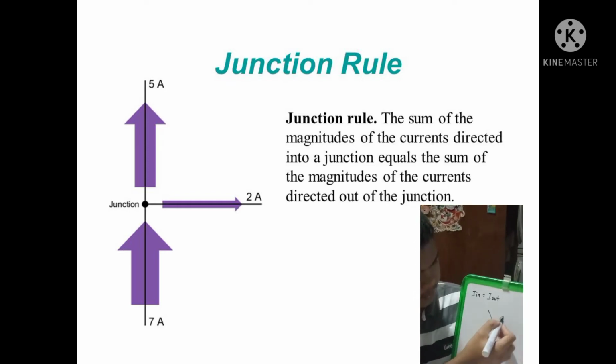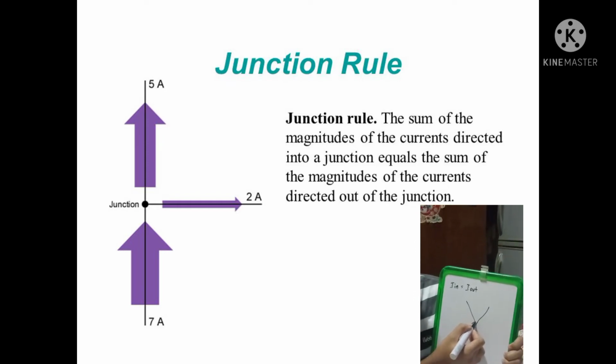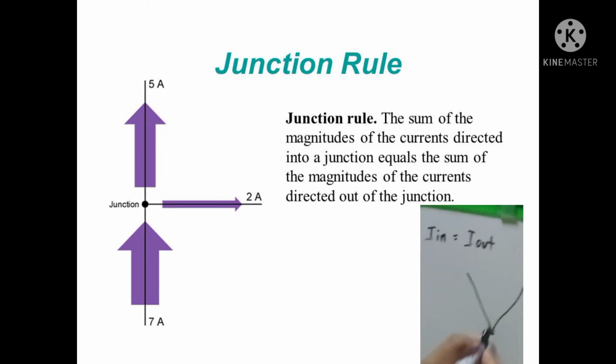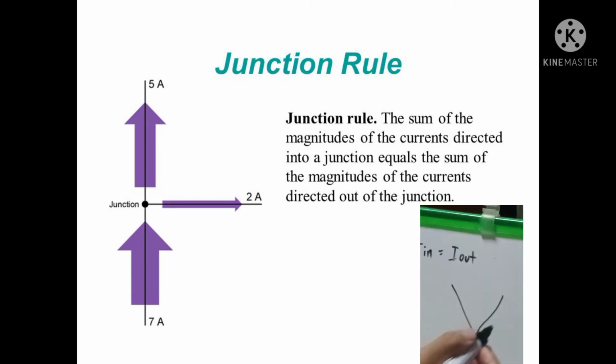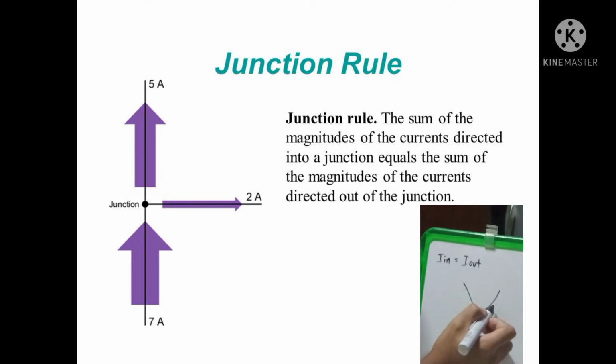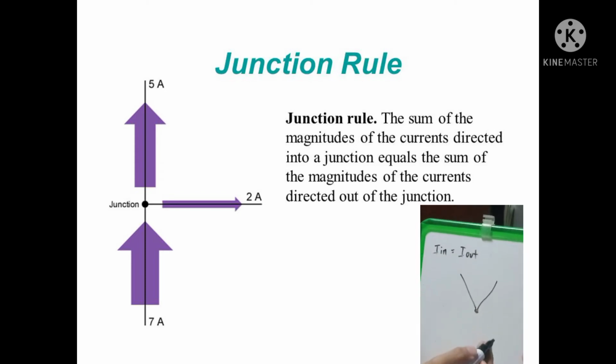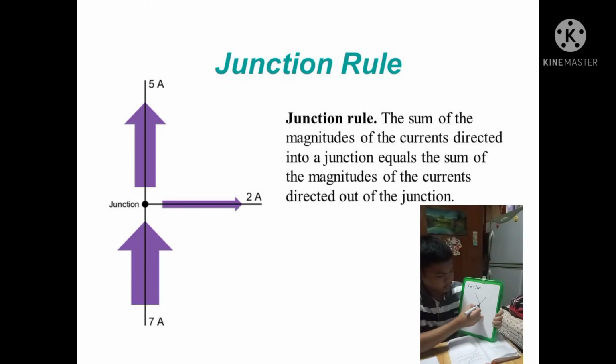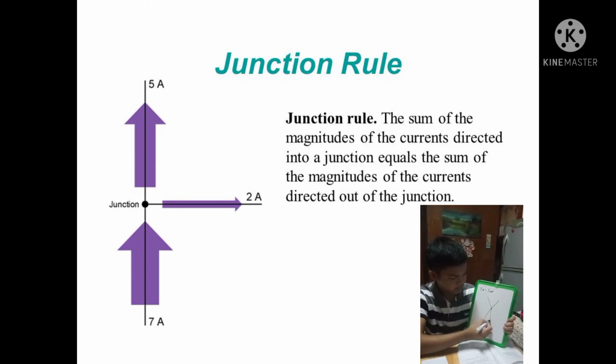There is a junction here. Then the sum of the current going in is equal to the sum of the current going out. So let's have this illustration.